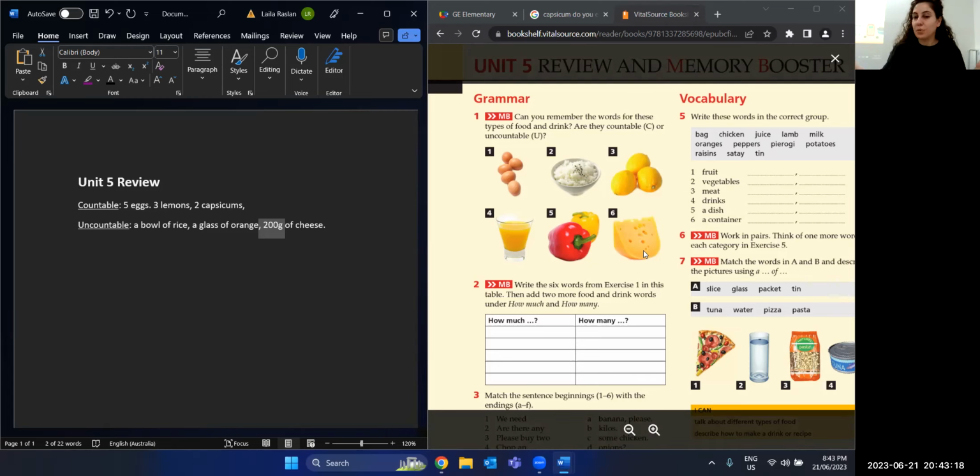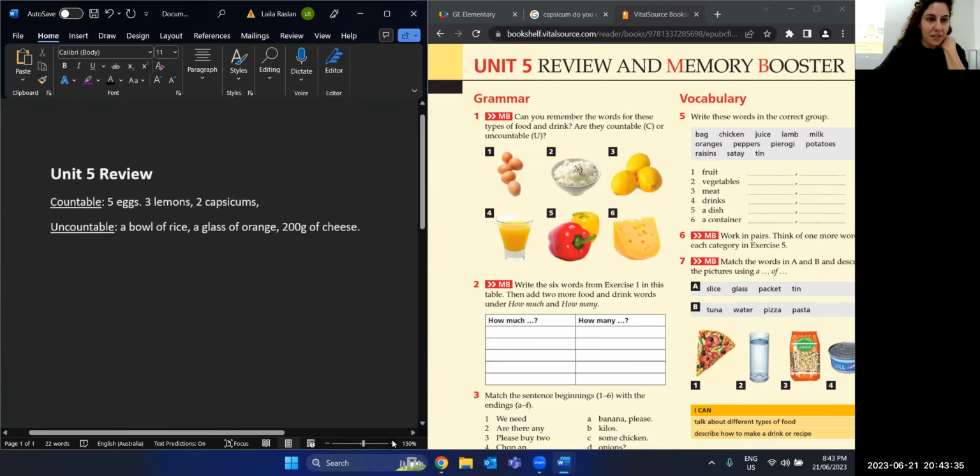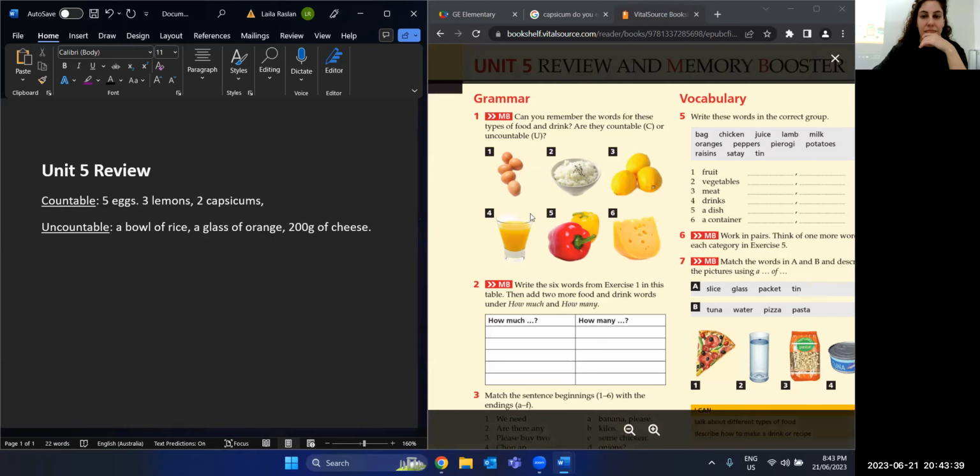Countable and uncountable. You must know the difference. It's very easy to know the countable because there's an S. Eggs, lemons, capsicums. But here we don't see an S. Rice, orange, cheese. If it's juice, it's uncountable.